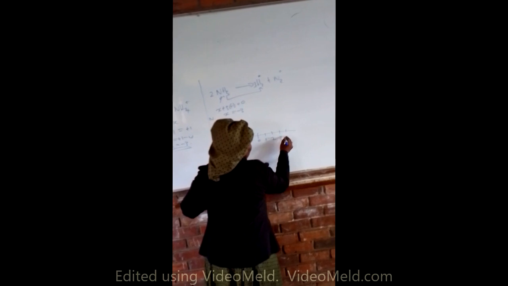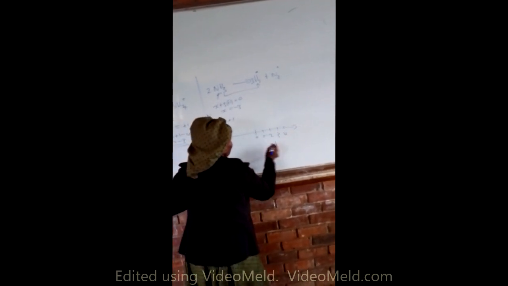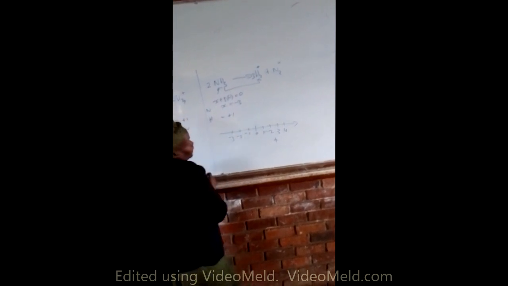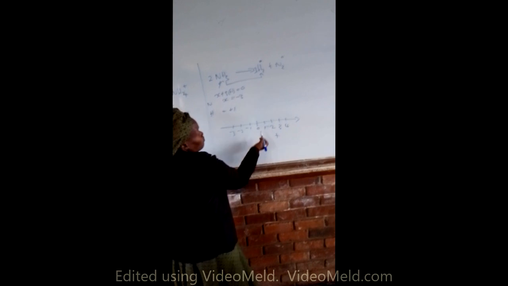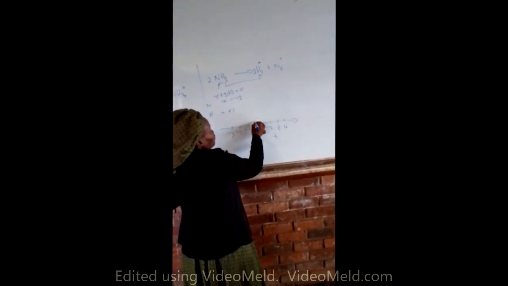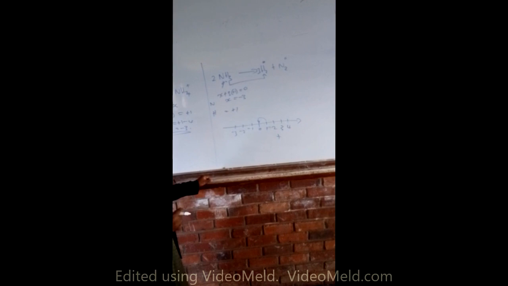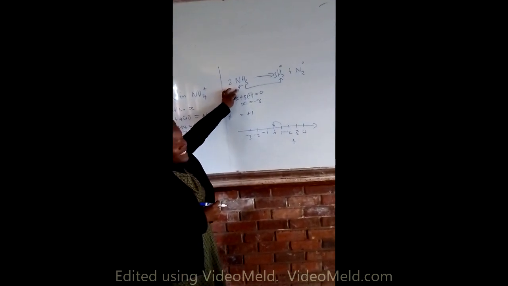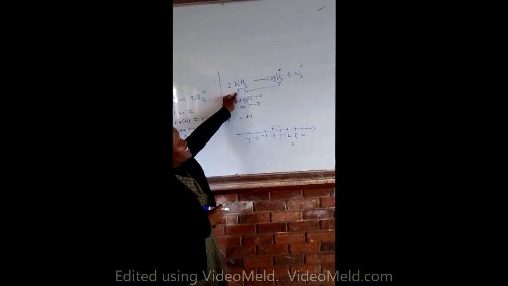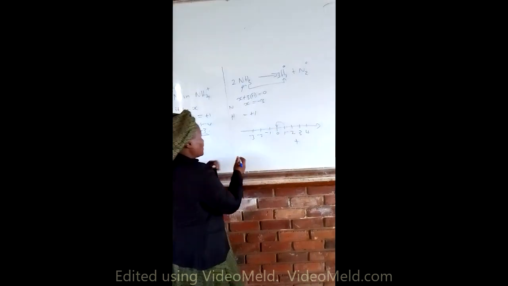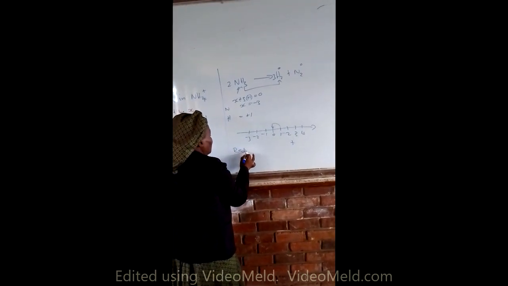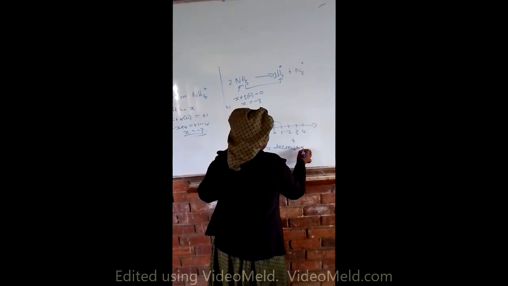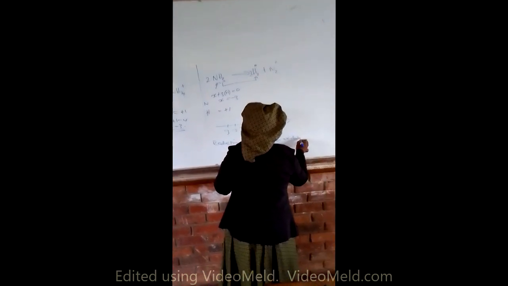Going this side is positive, and going this side is negative: -1, -2, -3. So we are starting from +1 and going to 0. Therefore, we are going backwards, so we are decreasing. So hydrogen in the ammonia is reduced because there is a decrease in oxidation number. So reduction is a decrease in oxidation number.